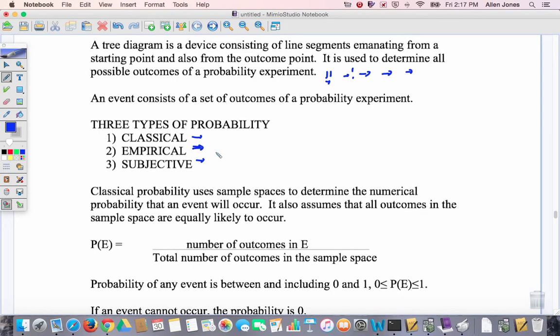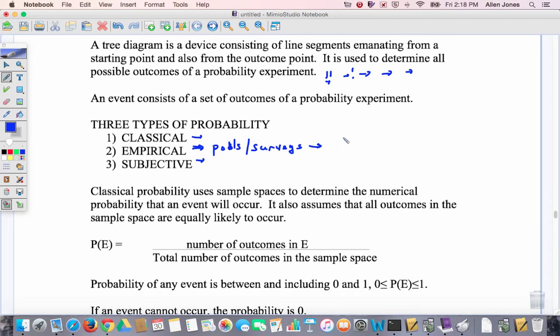Empirical probability is based on experience, such as polls or surveys or something like that. Polls, surveys, actual experience somewhere. Biggest or best example we can give out here is if we have a presidential election, the pollsters will start calling people to find out who they're going to vote for.